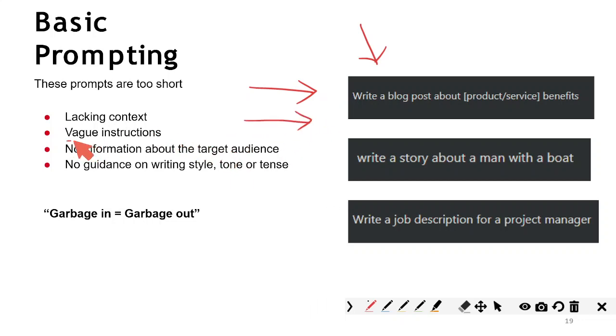All these instructions are vague, and we are also not giving any information on which tone or style ChatGPT should respond in. In layman's terms, if you are not giving a lot of details, what should ChatGPT respond with? You might end up getting information which might be trivial or not very meaningful. Okay.